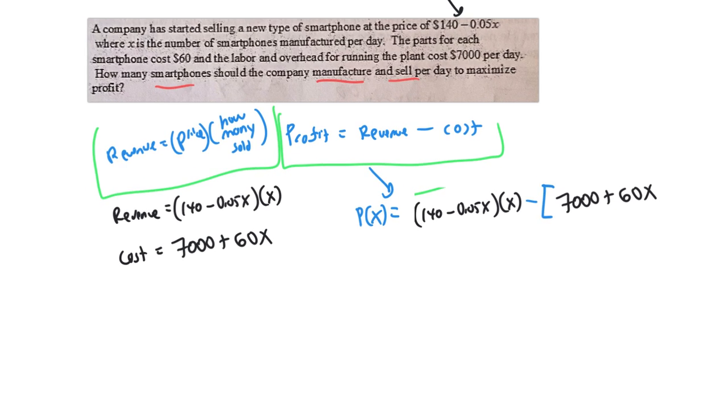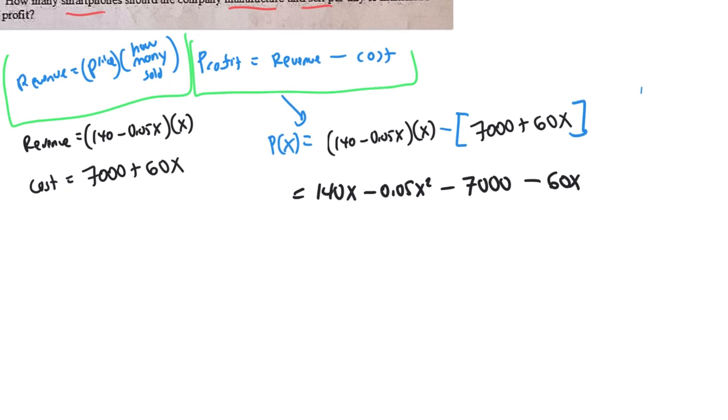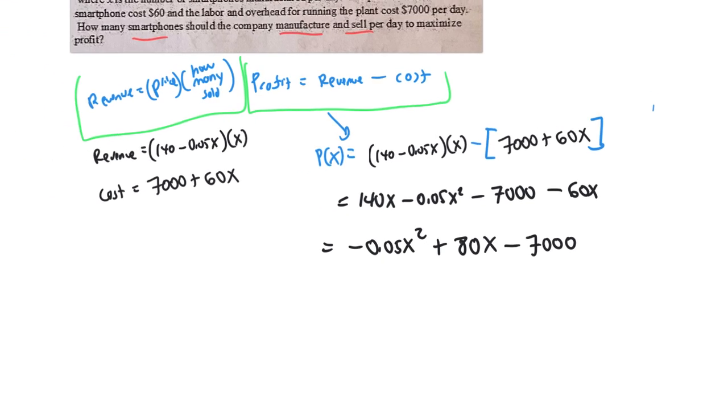And we can certainly clean that up. So this would be 140x minus 0.05x squared minus 7,000 minus 60x. And that becomes negative 0.05x squared plus 80x minus 7,000. So that, of course, is profit.